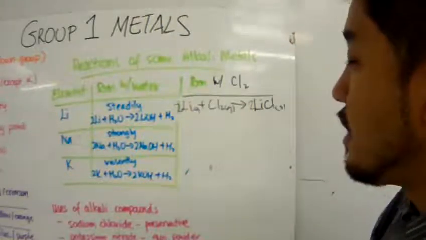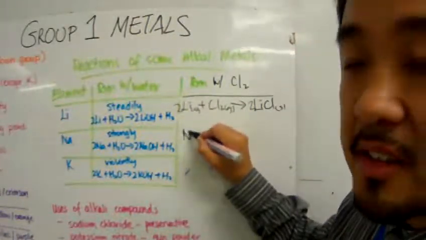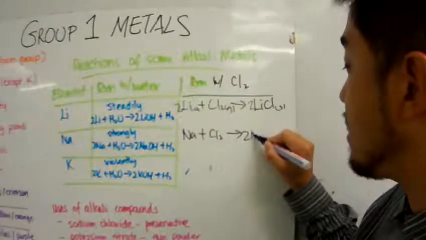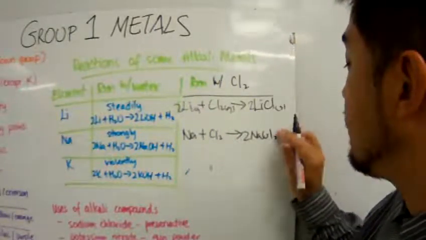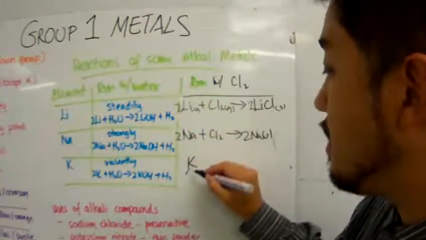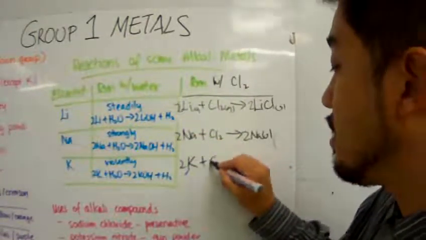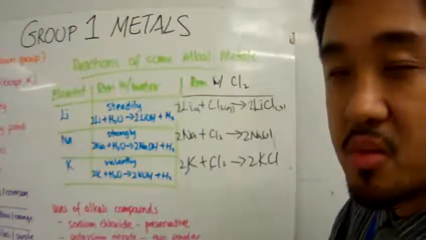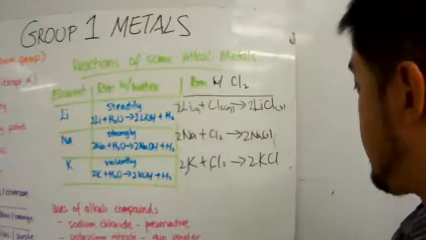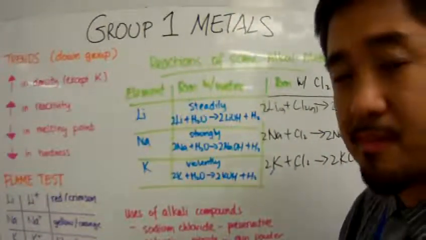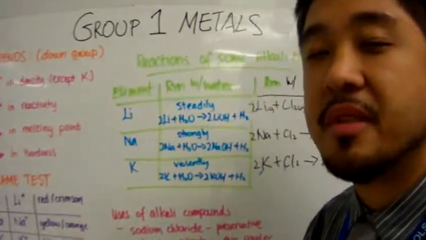And when you react it with sodium, you'll also get the same thing. And if you react it with potassium, you'll also get the same thing. Now, this is not an efficient way to make these chloride compounds, but hey, that's just the chemistry of it.